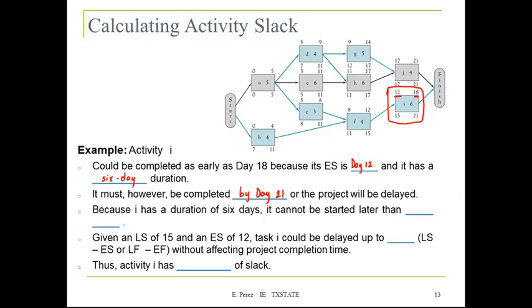And because I has a duration of 6 days, it cannot be started later than day 15, which is the latest start time. Okay, so if you want to complete this activity by day 21, then you know that the latest that you can start this activity is day 15, because it's going to take 6 days to be completed.